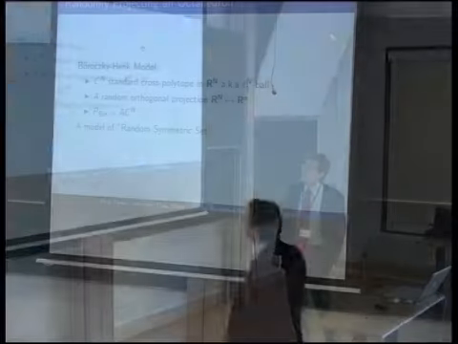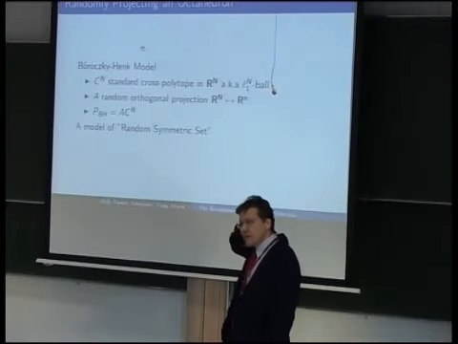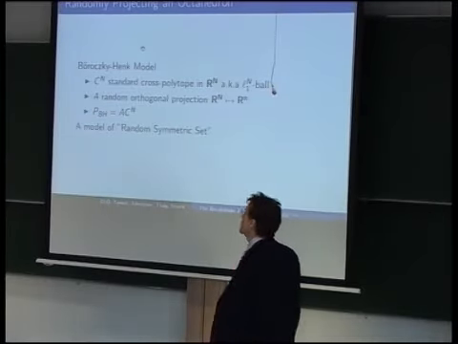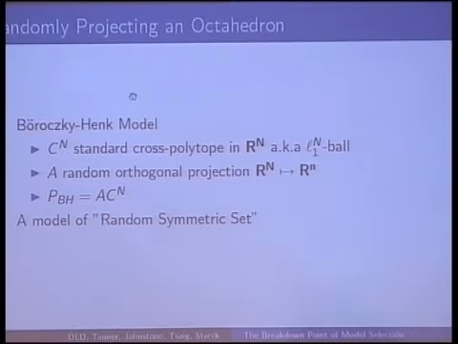So suppose we take the standard cross polytope in this high dimensional space and randomly lower dimension on it. We just map it down from the high dimensional space to the lower dimensional space. So we get a new polytope, which is called the Borowski-Henk polytope. And this is a model of a random symmetric set. It's centrosymmetric about the origin because the original set is centrosymmetric. Okay.